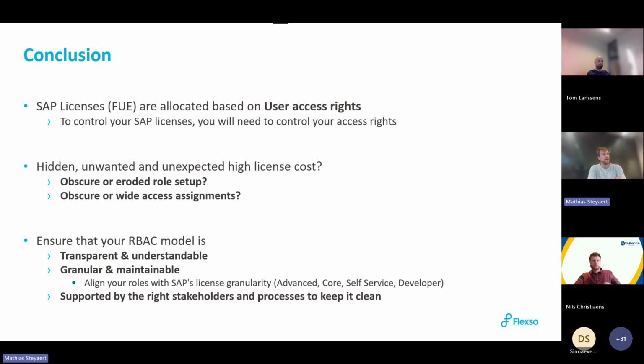So making sure that a role that has 90% self-service access is made 100% self-service, so you have a self-service role that you can use, and do not put one or two advanced items in it, because then everything shifts up again. And again, supported by the right stakeholders and process to keep it clean.